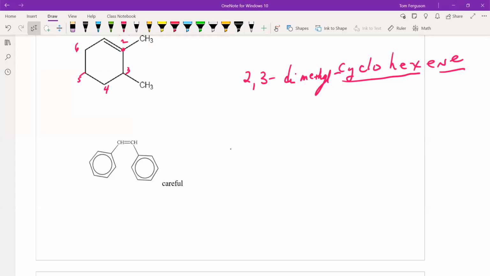Okay. Now this one I gave you a hint. I said, be careful. So this is ethylene with 2 branches that are phenyl groups. So this is going to be 1,2-diphenyl.